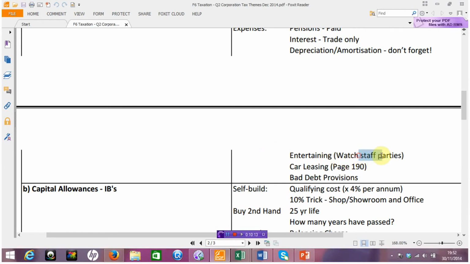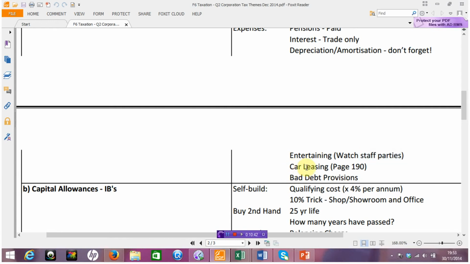This tends to be the classic trick, this idea of entertaining relating to staff, normally in the form of a staff party, a Christmas party, a summer party, any sort of party. That is okay. That is fully allowable. So just watch for the difference between the two, client and supplier on the one side, and on the other side, staff. Staff stands alone and will be okay.